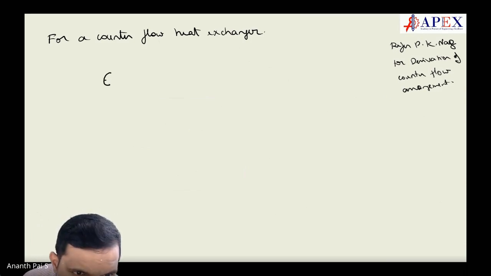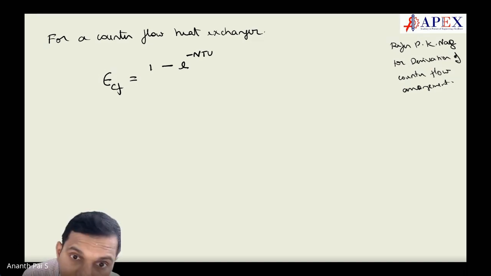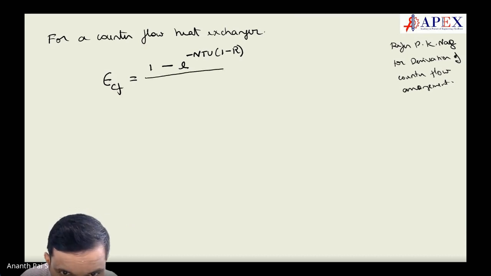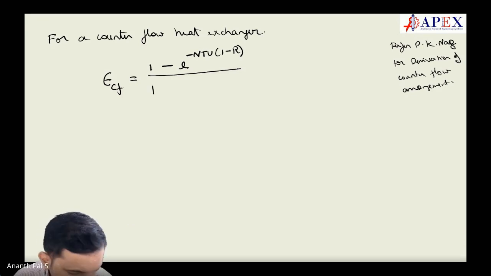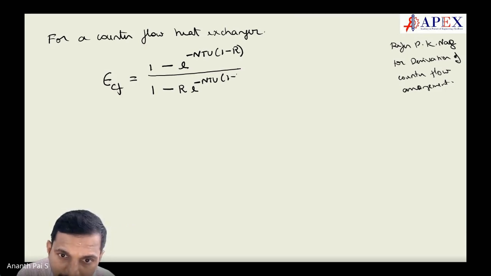So for the counter flow heat exchanger, epsilon, which is the effectiveness of counter flow, comes as 1 minus e power minus NTU into 1 minus R, divided by 1 minus R into e power minus NTU into 1 minus R. These two are very important, students.